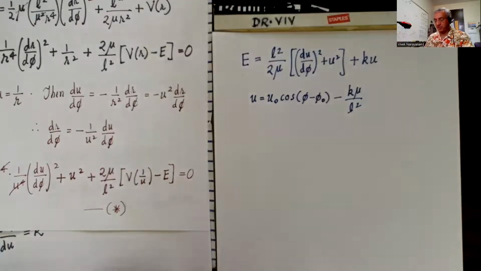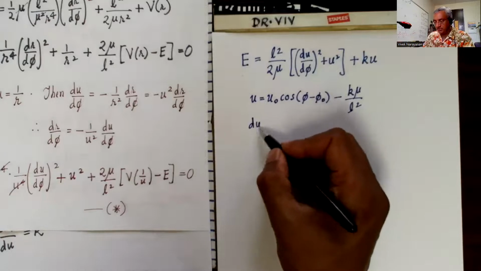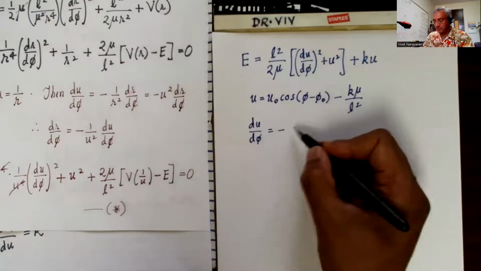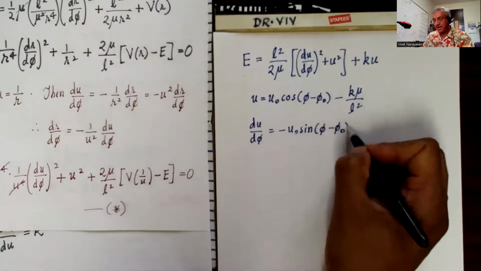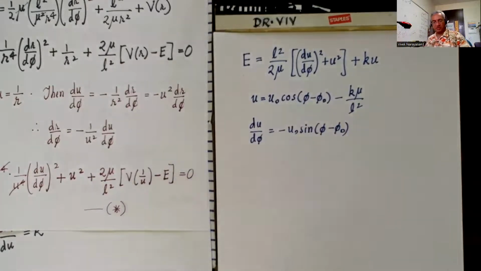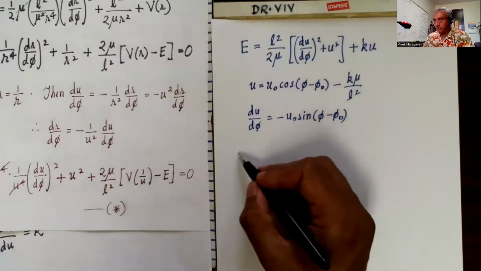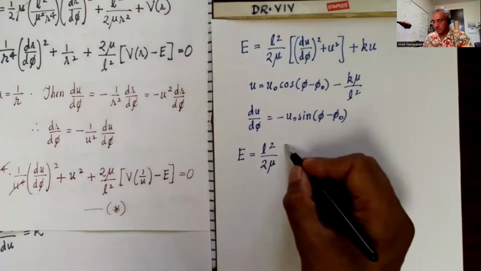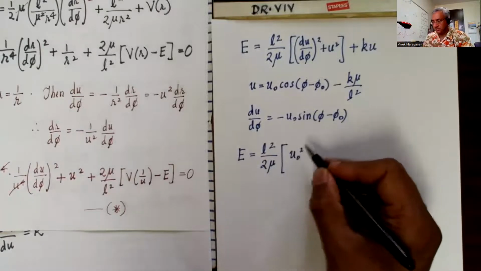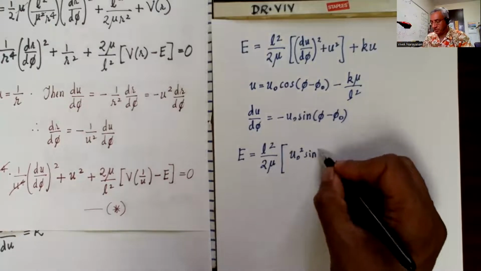And now I'll differentiate because I need du by d phi. So du by d phi is negative u naught sine of phi minus phi naught. And I'll simply substitute it into this equation above. So I'm going to get E equals L squared over 2 mu. The negative sign does not matter when I square.